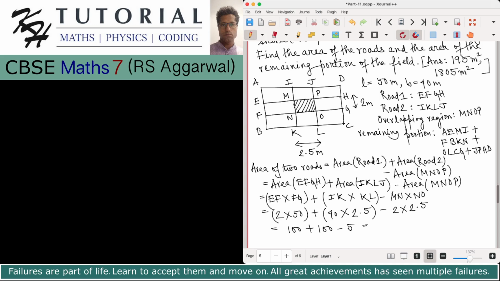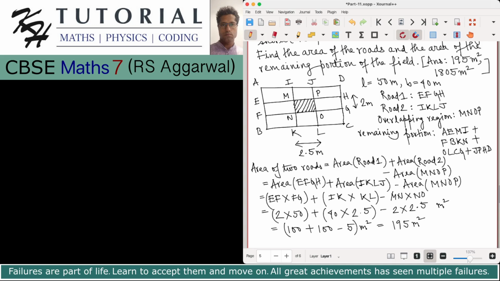This is equal to 195 meter square is the area of the two roads.